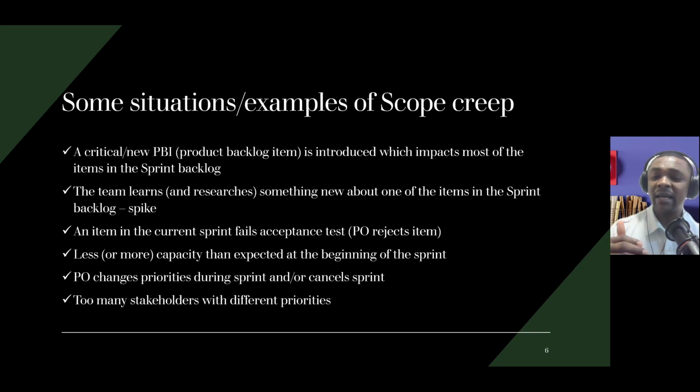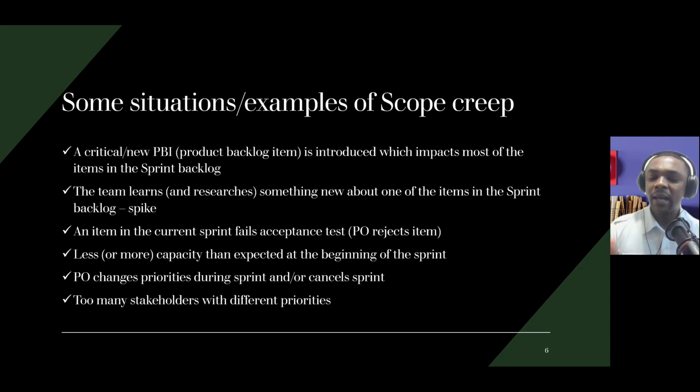When critical and new product backlog items, PBIs, are introduced, it could impact the progress of the sprints. In that situation, you could say that scope creep is creeping. As the team learns new things, or researches an item they're working on, which is called a spike, it could also be one of the ways of scope creeping into the projects.